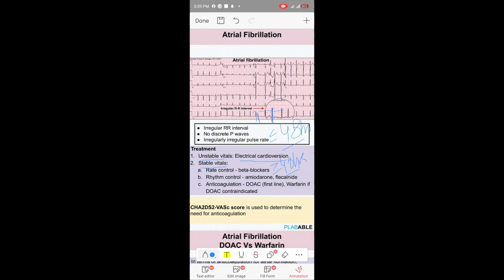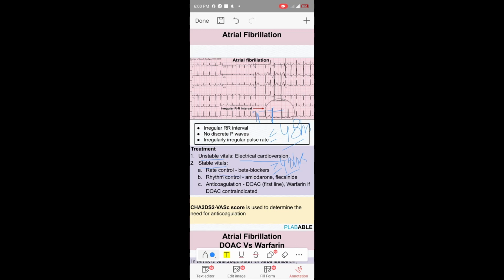If it's older than 48 hours, you need to anticoagulate the patient for 4 weeks, and then you can go for electrical cardioversion, or meanwhile go for a rate control strategy. But new papers say that rate control and rhythm control are equivalent.